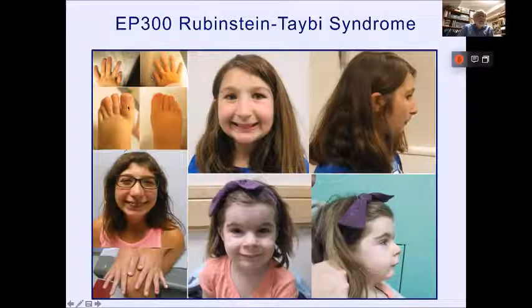And here are the broad toes that are characteristic of Rubinstein-Taybi. This also shows the abnormal articulation and underdevelopment of the thumb. So it's different from CAT6A and CAT6B, but it does involve the skeleton, and children with Rubinstein-Taybi can also have heart problems.